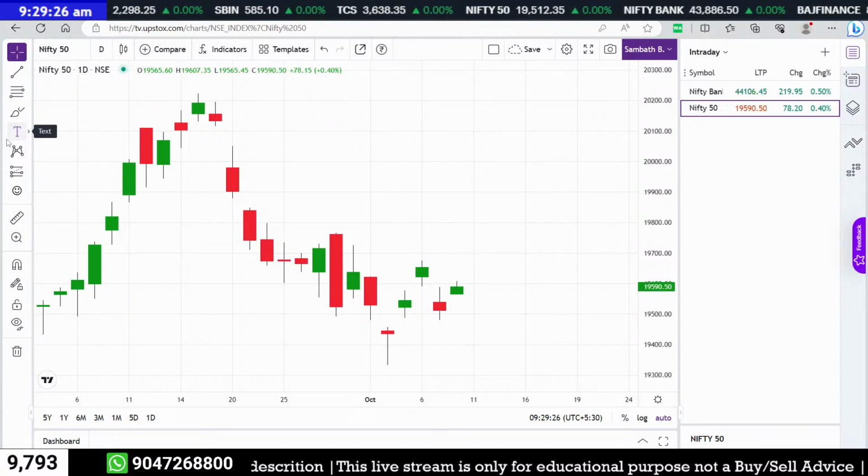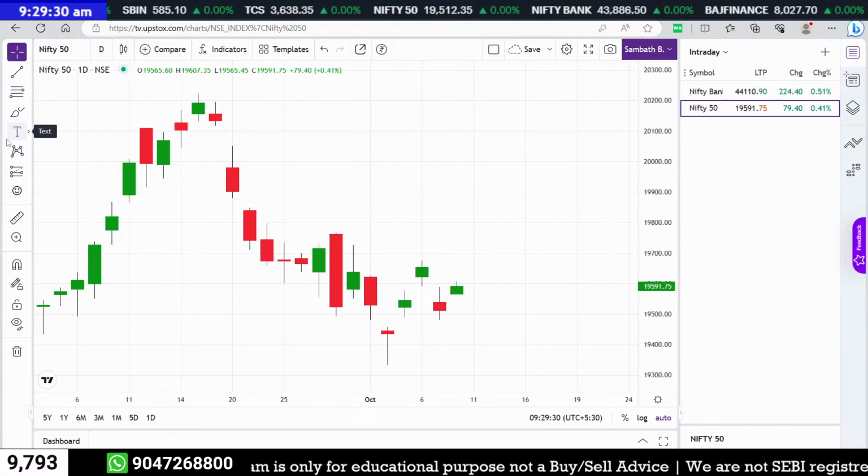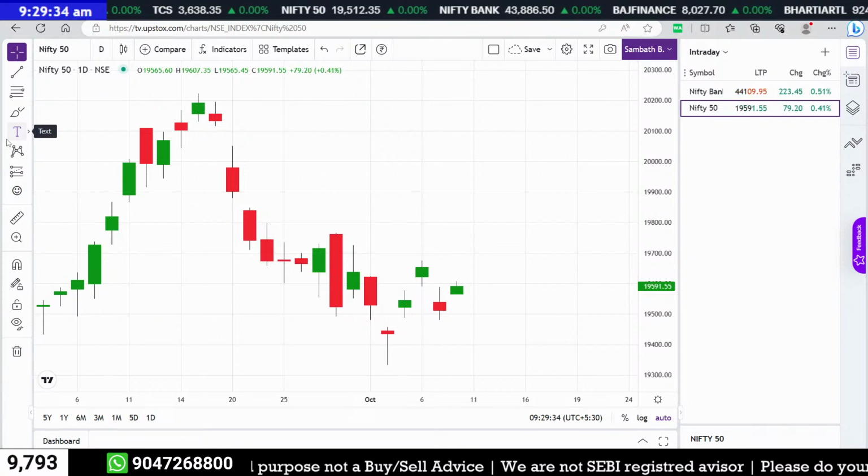I think in the last few days, this October, from the beginning, the market has not moved very big. Even so, it is mostly happening in gap down and gap up.